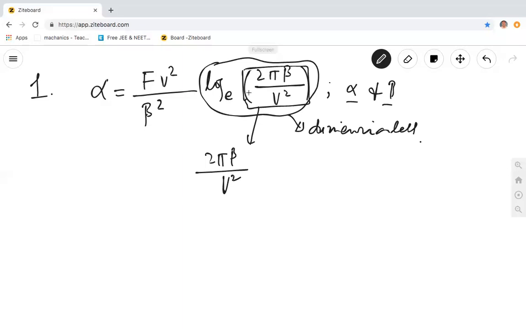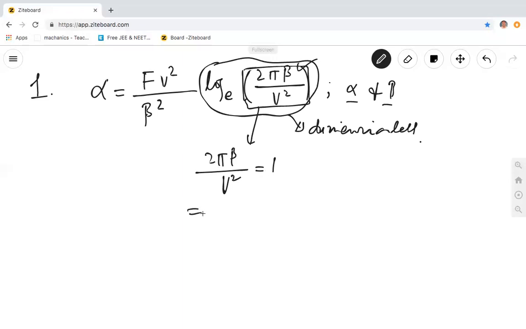Anything the log operates on is dimensionless. Whole of it is dimensionless, and this part is also dimensionless. And a dimensionless quantity I can equate to 1, because 1 is a number and 1 is also dimensionless. So this can be equal to 1 dimensionally, not physically. It is dimensionally equal to 1.